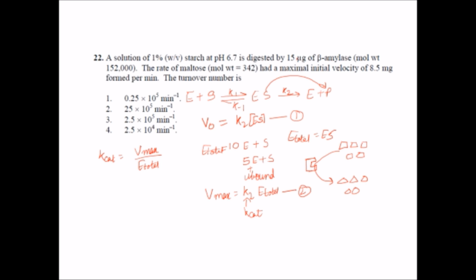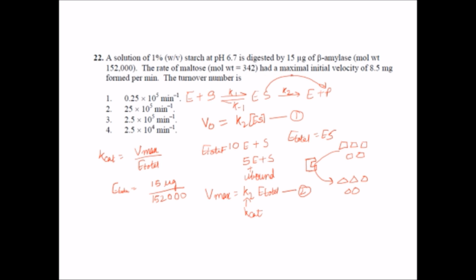So when we change it into moles, E total will be 15 microgram divided by its molar mass, which is 152,000.